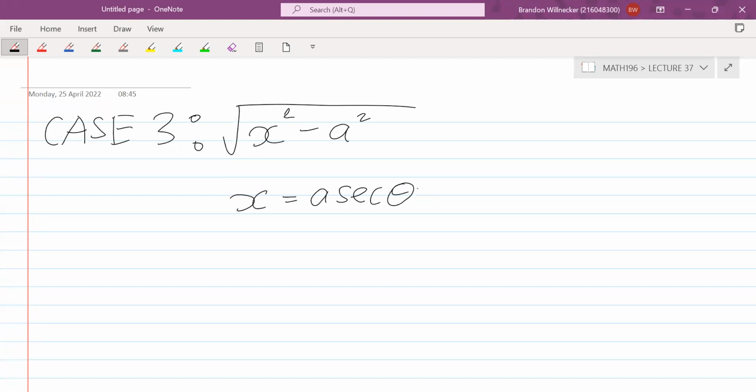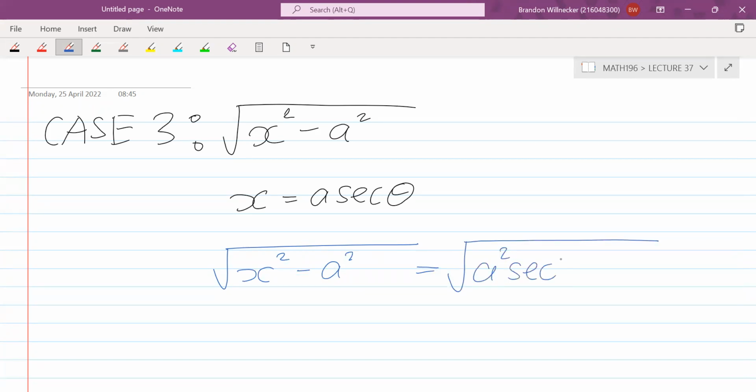Why do we make this pick? Well, let's see what happens when we substitute. We're going to have the square root of x squared minus a squared. We make the substitution, and we get a squared sec squared theta minus a squared.